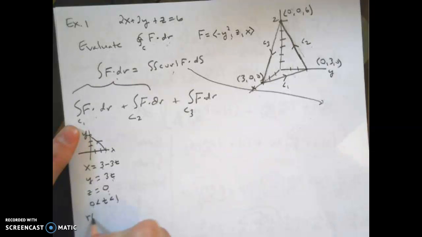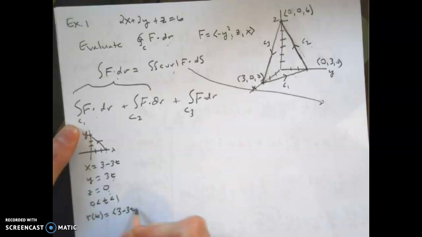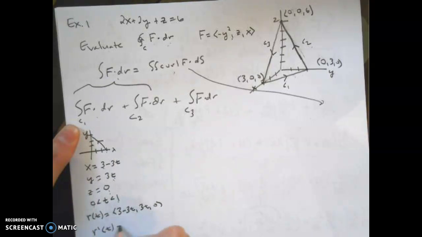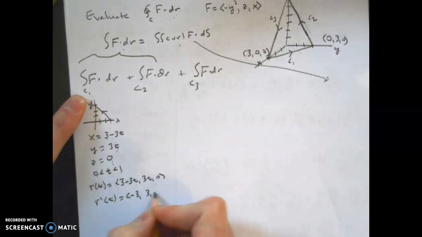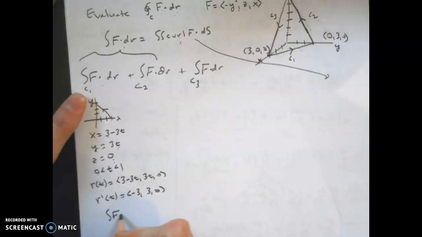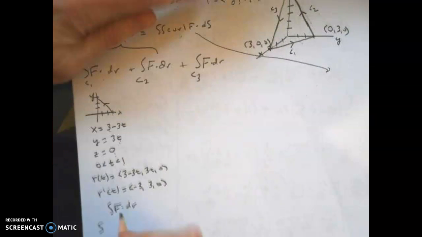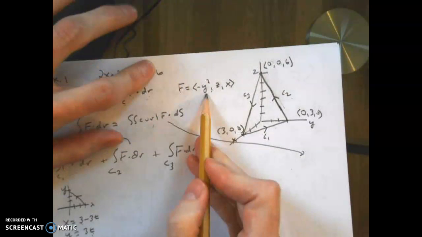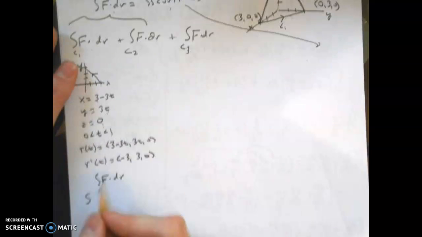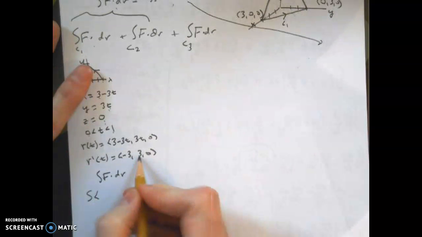So r of t equals 3 minus 3t, 3t, and 0. r prime of t equals negative 3, 3, and 0. The integral of F dotted with dr: F is from up here, F is negative y squared, z, x.